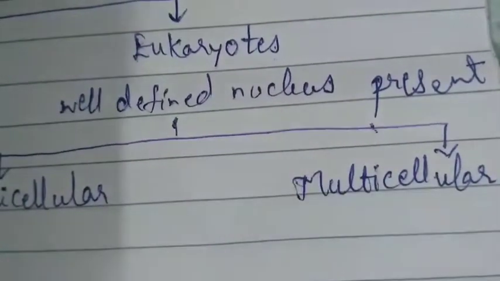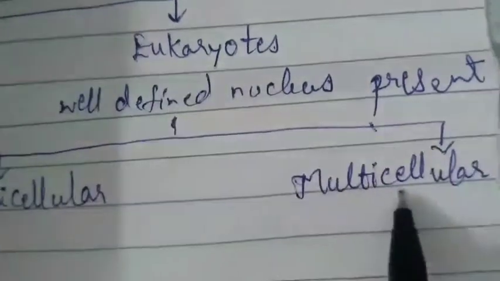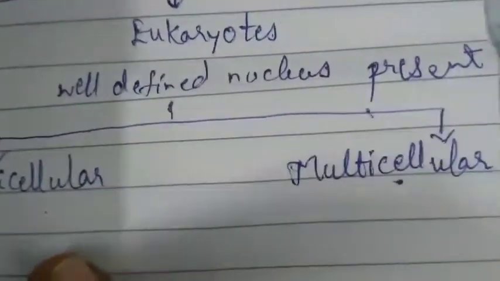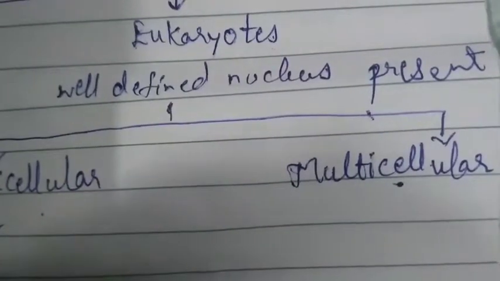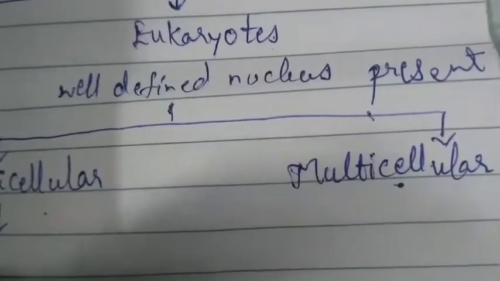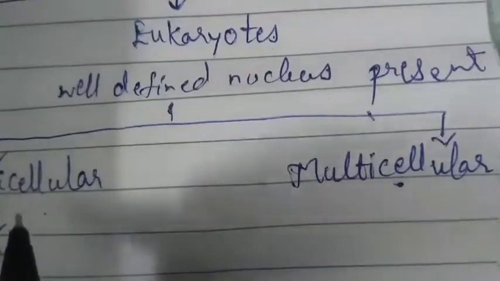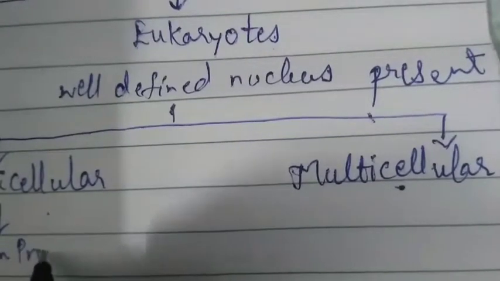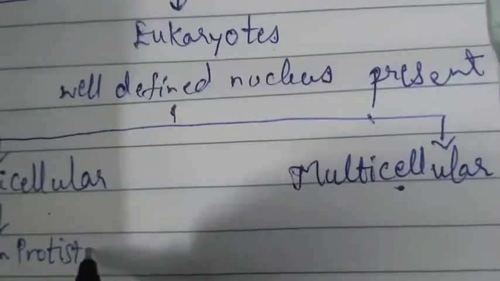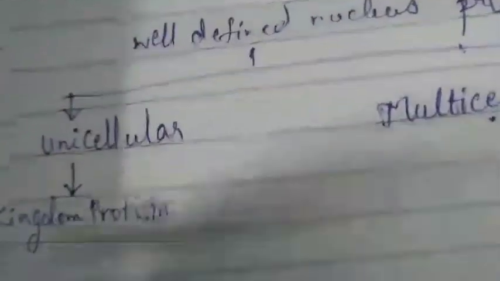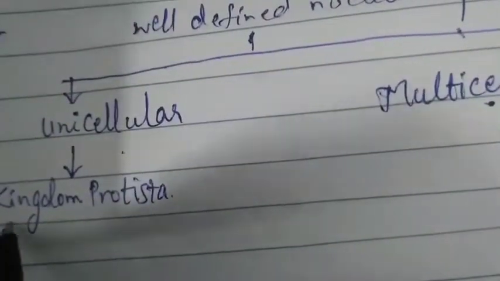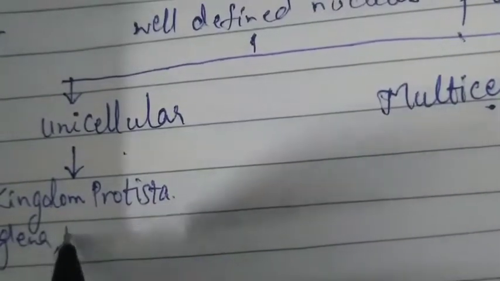Now under unicellular comes Kingdom Protista. Examples are Euglena, Paramecium, Amoeba.